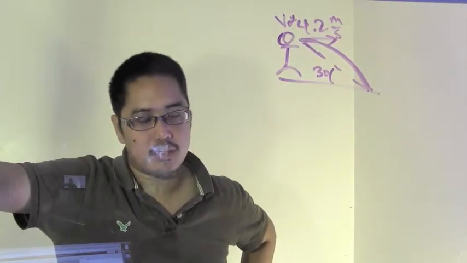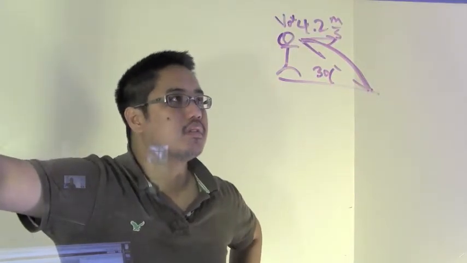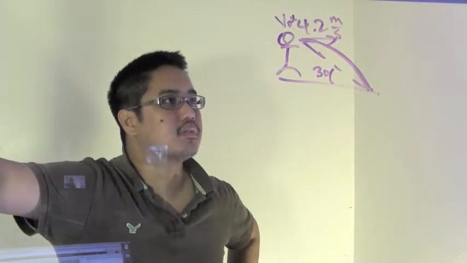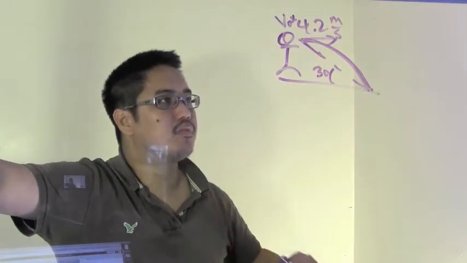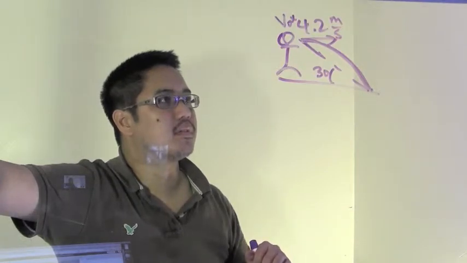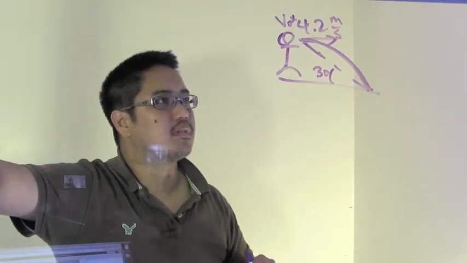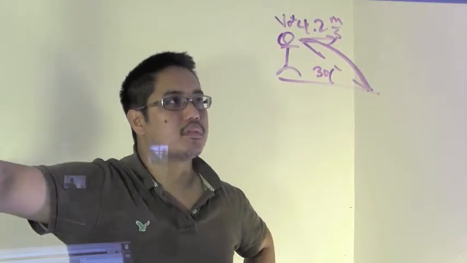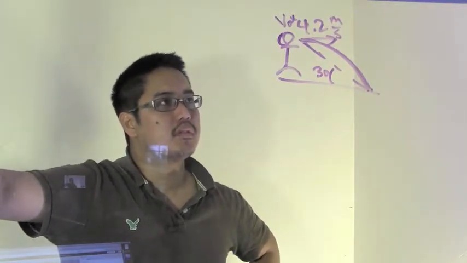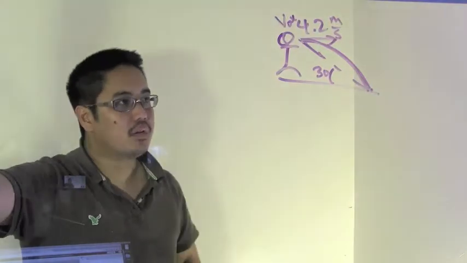Yeah, I agree. And then if you make a triangle with the 4.2 and the angle it gives you, you can find the velocity in the other direction, right? Which velocity? You can find the average velocity along that line. Oh, okay, all right.